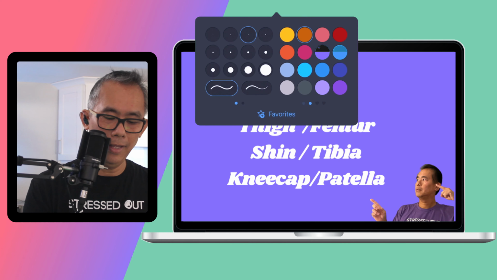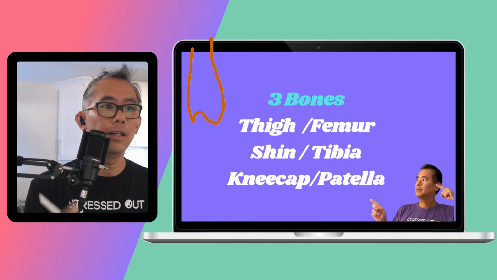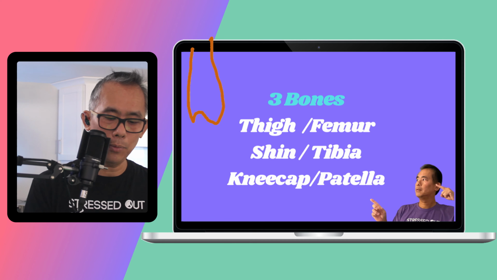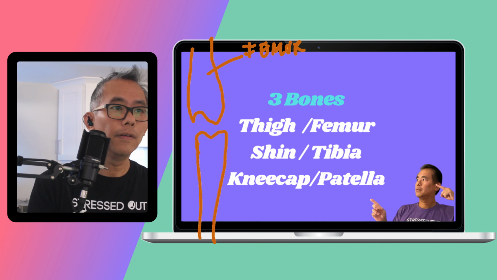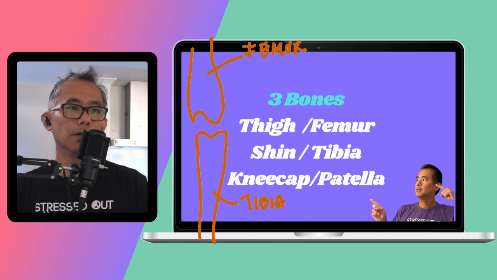First we have the femur bone, or the thigh bone, and then we have the tibia, which is the shin bone.